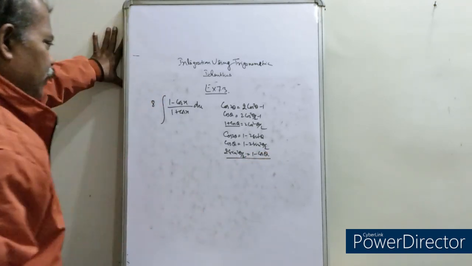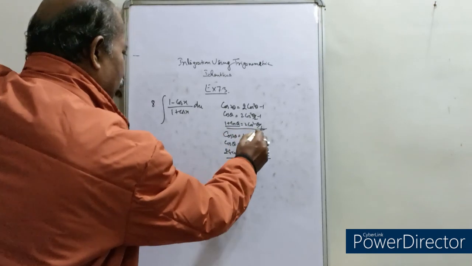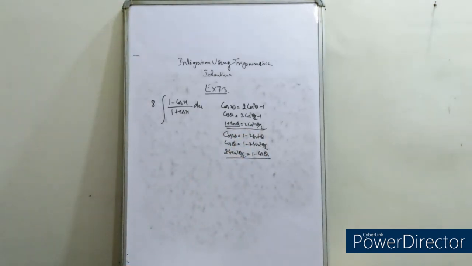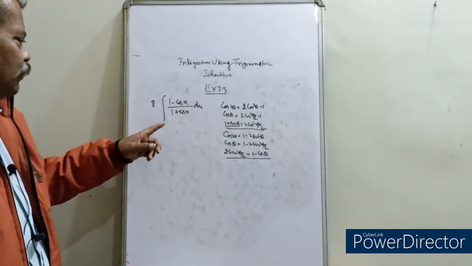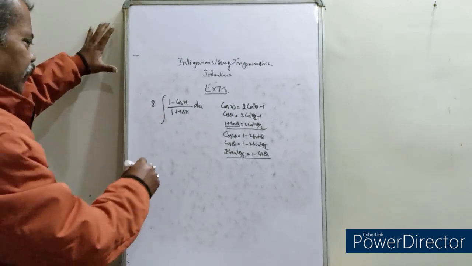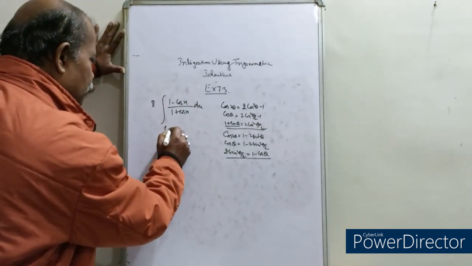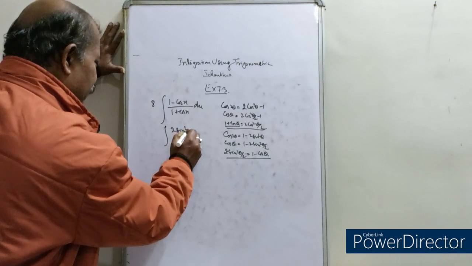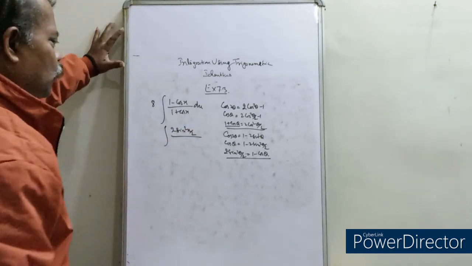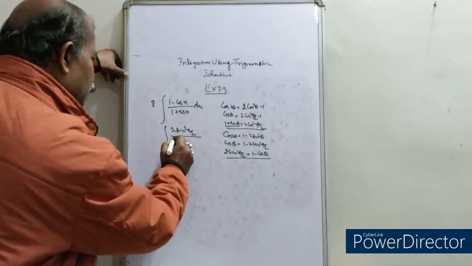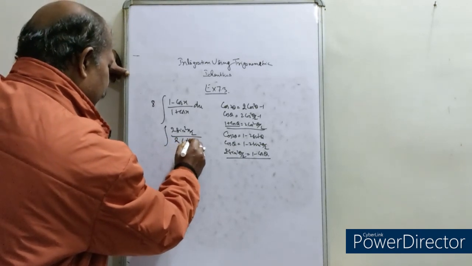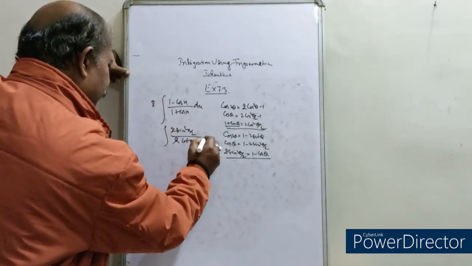So now I am going to apply these two formulas. 1 minus cos x is 2 sine square x by 2, and 1 plus cos x will be 2 cos square x by 2. So the 2s cancel out.